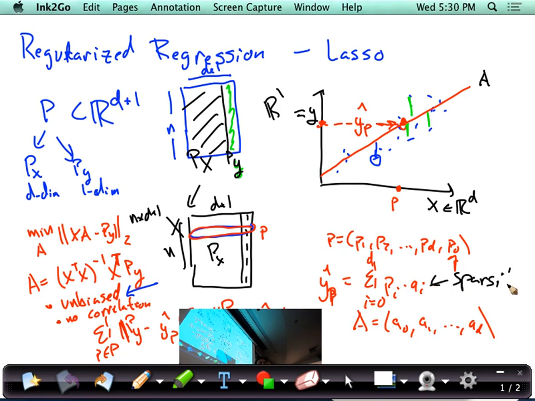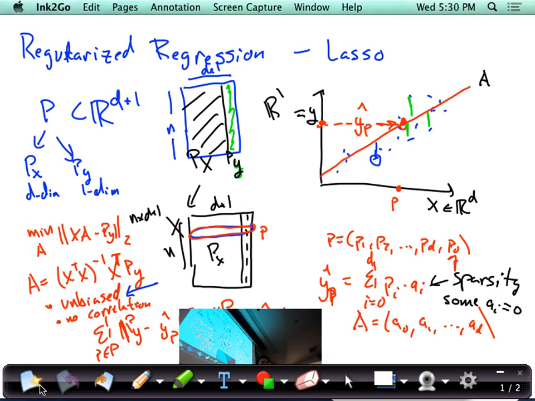Sparsity in this context would mean that some a_i are equal to 0 exactly. So that means when I make the prediction and I have a bunch of coordinates for x, I don't need to look at some of them. Some of those coordinates I can just ignore. To get the prediction, I multiply them by 0, so it doesn't matter what they are. So that would be the sparsity thing here.